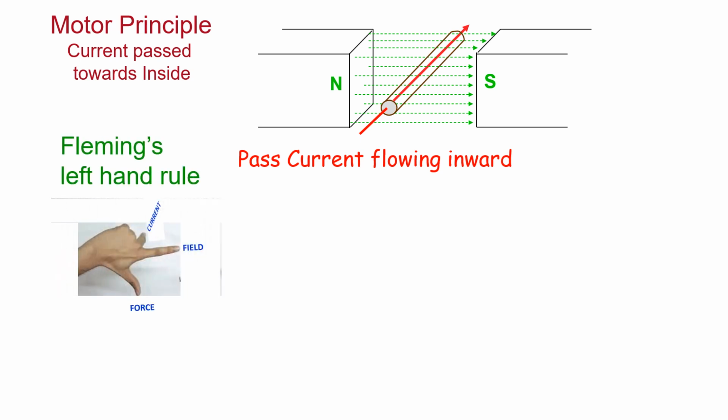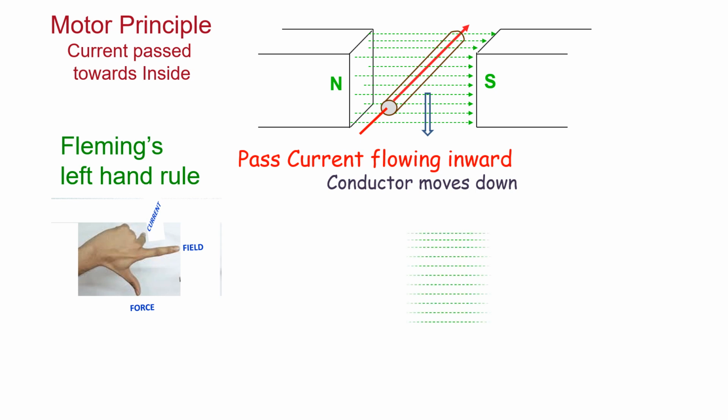In order to know the force direction, let us apply the Fleming's left hand rule. The first finger is shown in the field direction, the second finger towards inside in the current direction. The thumb is oriented downwards, which shows the force direction. Because of this force, the conductor moves down.